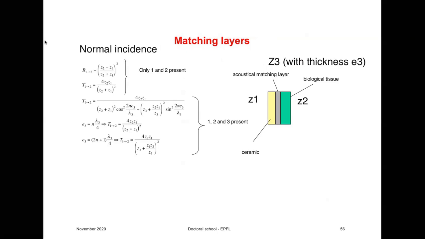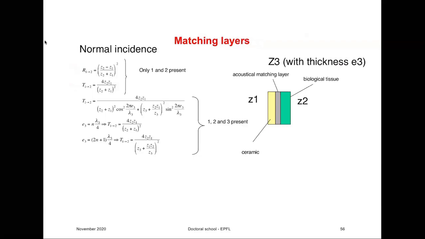Now, there are some tricks that you can use to improve this acoustic impedance matching. If you just consider normal incidence, then for a reflected and transmitted wave, if you have two media, one with the incident wave and one in which you want to transmit, reflected and transmitted waves are given by these formulas.